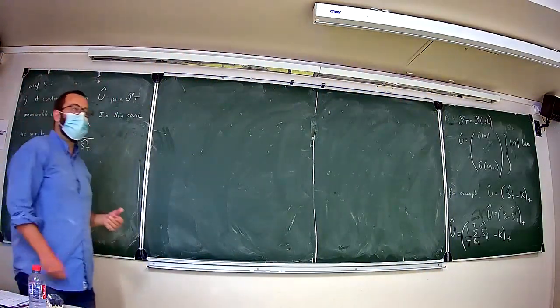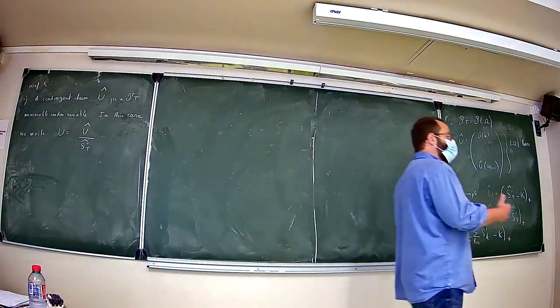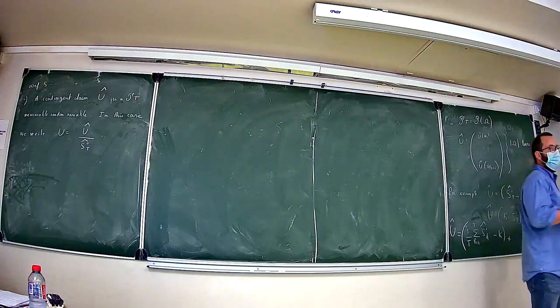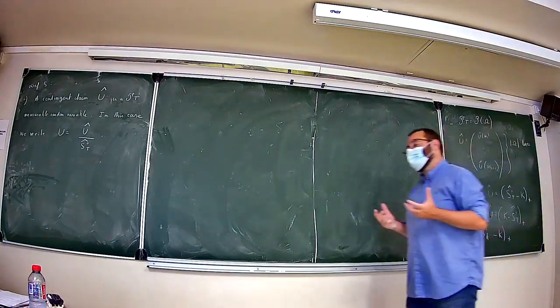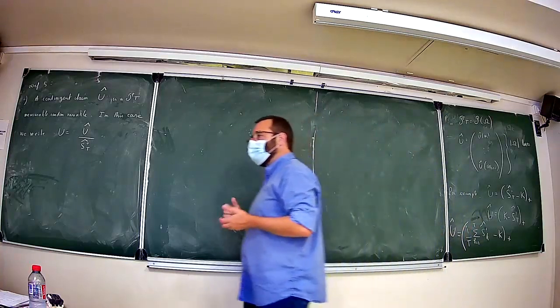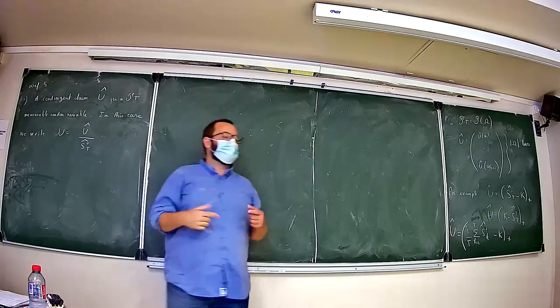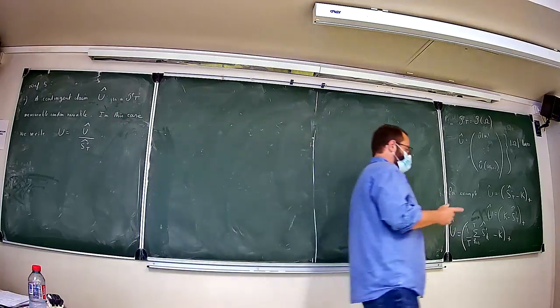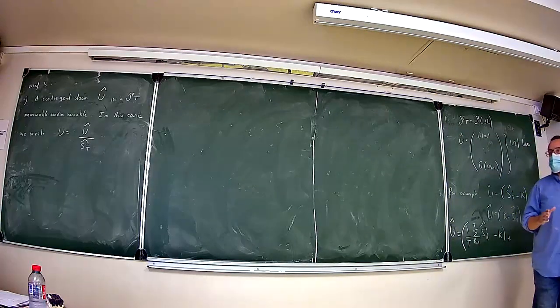For an American option, you have the right to exercise at any time, so at any time you have to specify what happens if you exercise or not. It means that the description of a European option can be summarized by a single random variable, while the description of an American option is through stochastic processes.